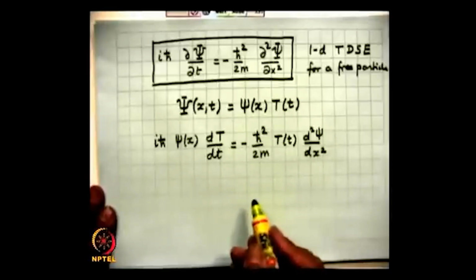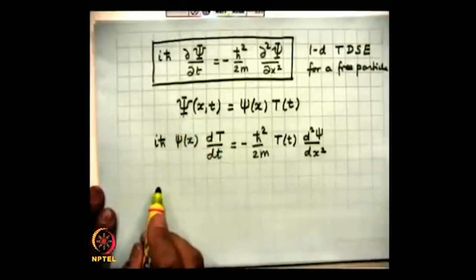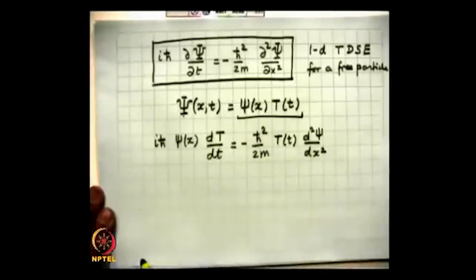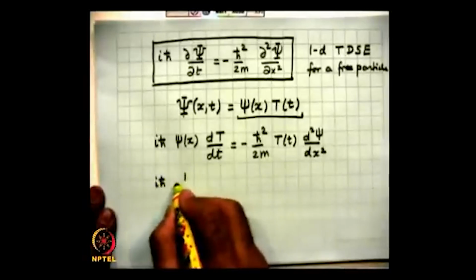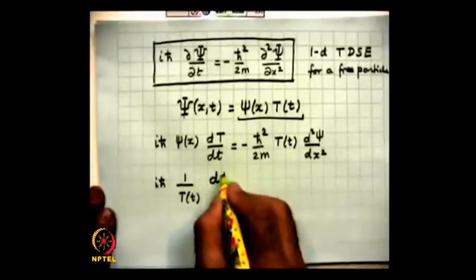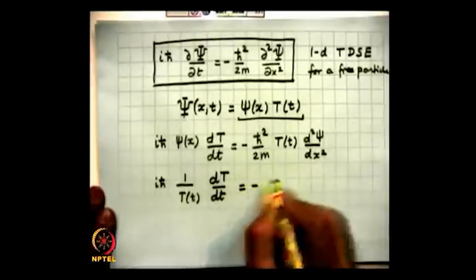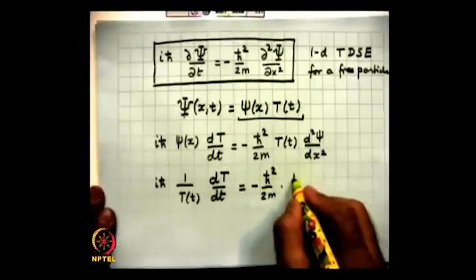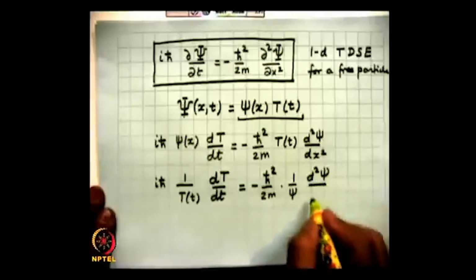The trick is we divide the entire equation by capital psi, that is, we divide this equation by psi times T of t. If we do that, i h cross 1 over T of t dT over dt becomes equal to minus h cross square by 2m 1 over psi d2 psi by dx square.